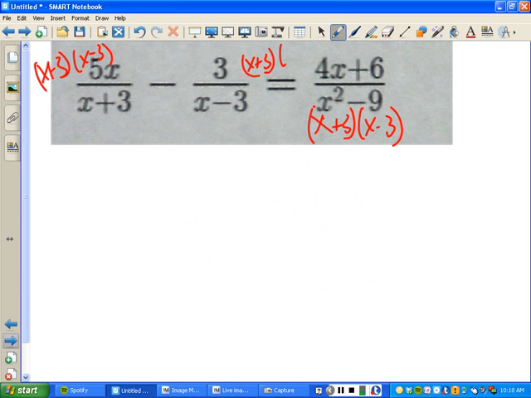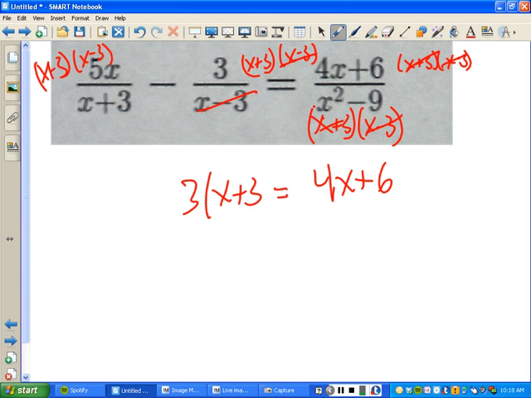There you go. Here, the x plus 3, the x minus 3 both cancel. You're left with 4x plus 6. Here, the x minus 3's cancel. You're left with 3x plus 3. Here, the x plus 3, the x plus 3 cancel. You're left with 5x, x minus 3.